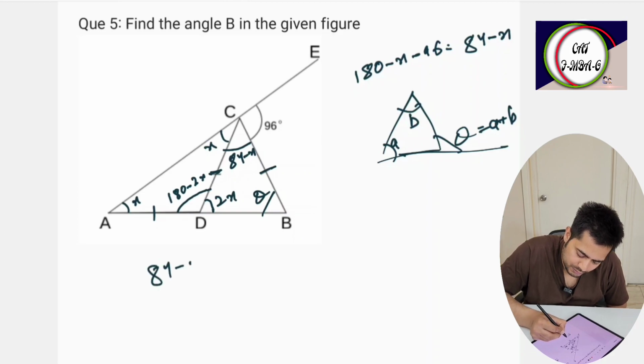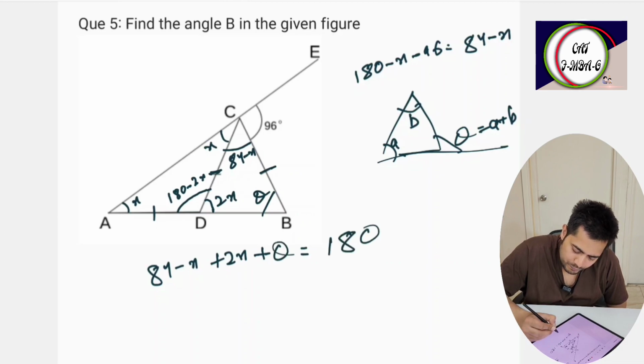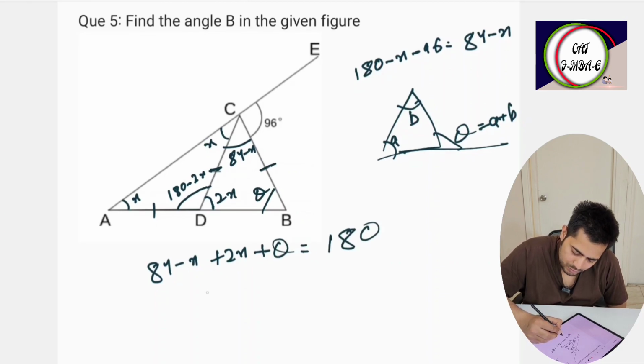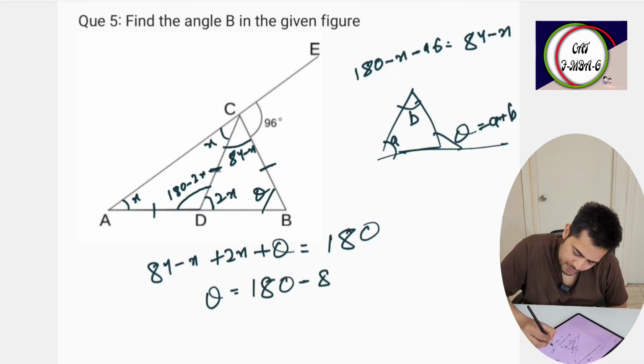So 84 minus x plus 2x plus theta is equal to 180, or theta is equal to 84 plus x. So theta is equal to 180 minus 84 minus x, which is equal to 96 minus x.